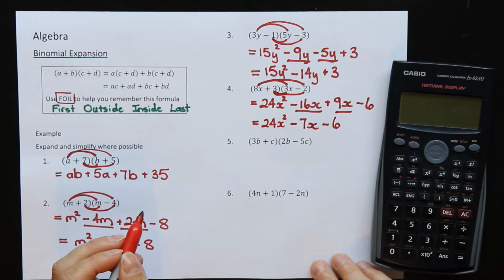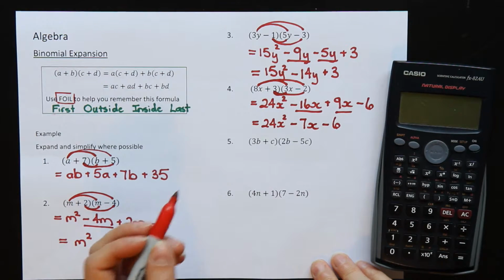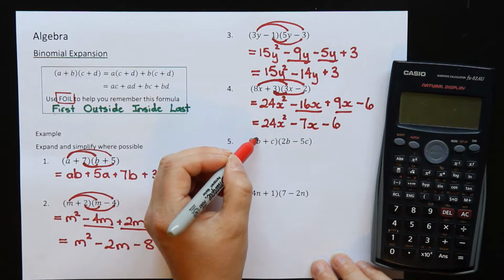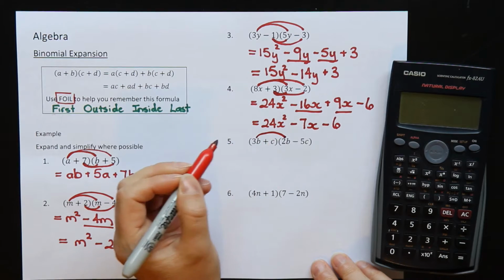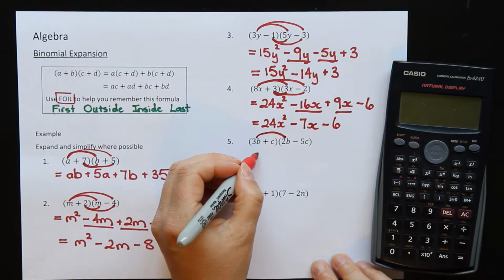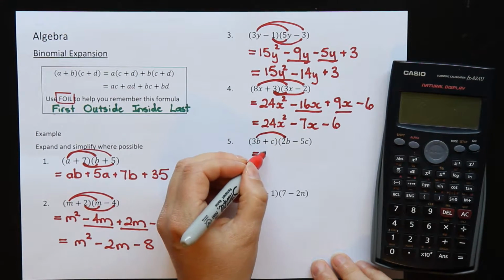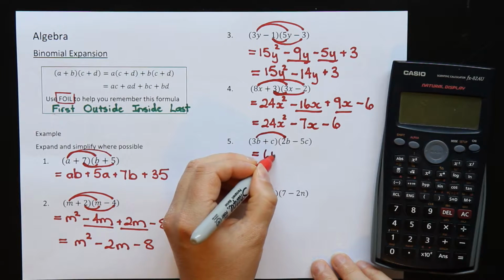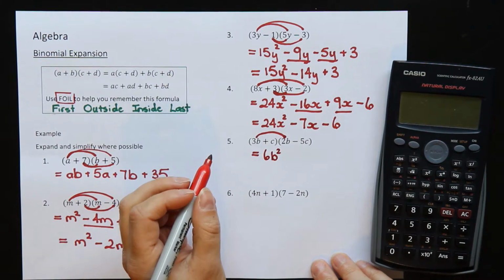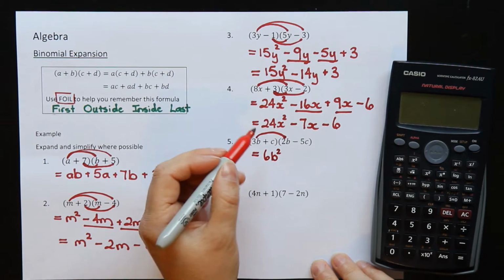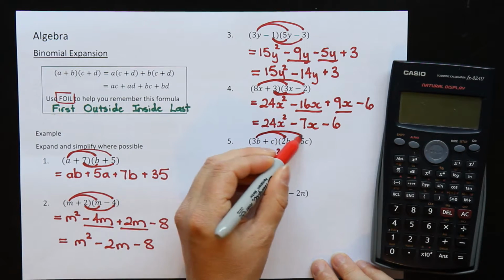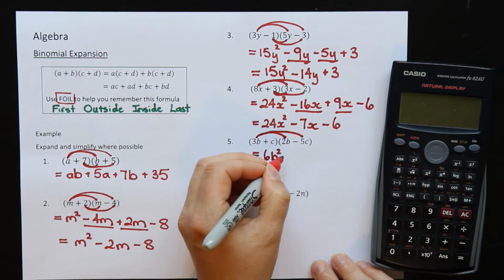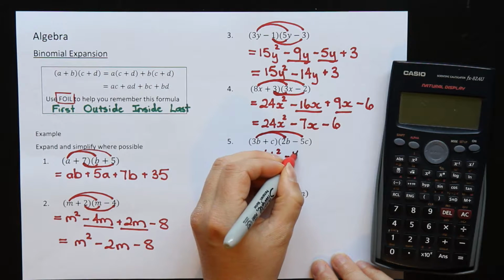Okay, these questions are just slowly getting more and more things in them. Let's try question 5 using FOIL. First, times together, 3b times 2b. 3 times 2 is 6. B times b is b squared. Try not to let your 6 look like a b, and vice versa. Then outside, 3b times minus 5 is a minus 15b.